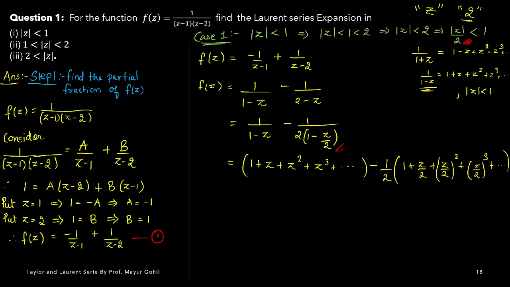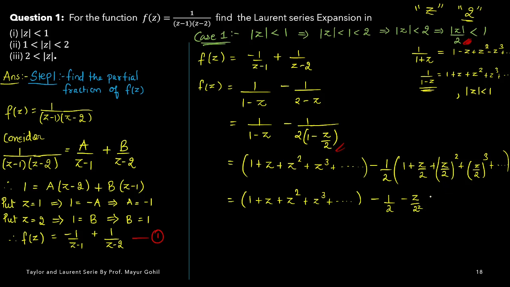So you have now got your answer for the expansion. 1 plus z plus z square plus z cube can be written as it is, no change over here. Now this here is nothing but minus of half, then there is minus of z by 2 the whole square.